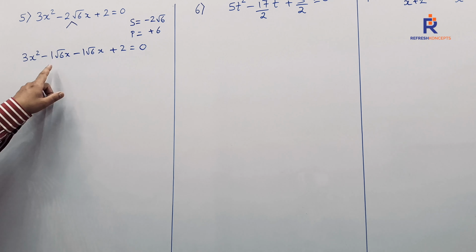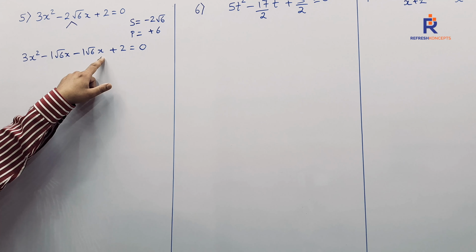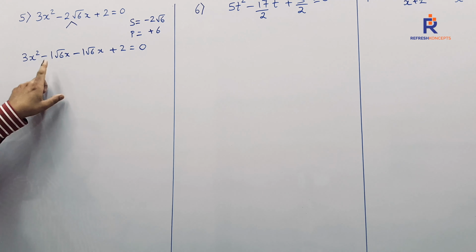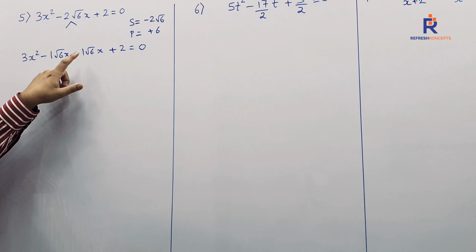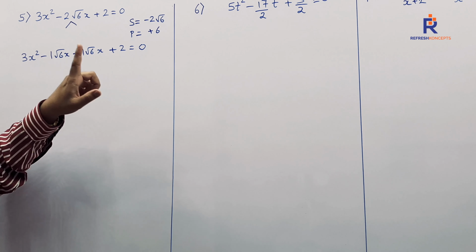Minus 1 root 6 minus 1 root 6, when we sum it up we get minus 2 root 6. Moreover, minus 1 root 6 into minus 1 root 6, minus of minus becomes plus, and root 6 into root 6 is 6. So our product is plus 6. I hope you have understood this.